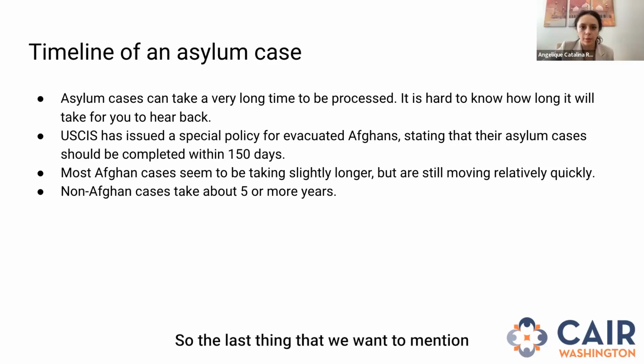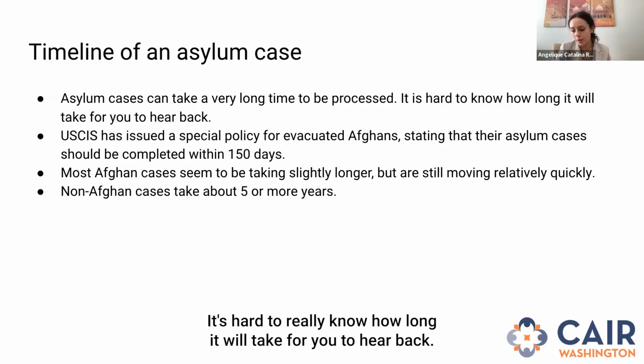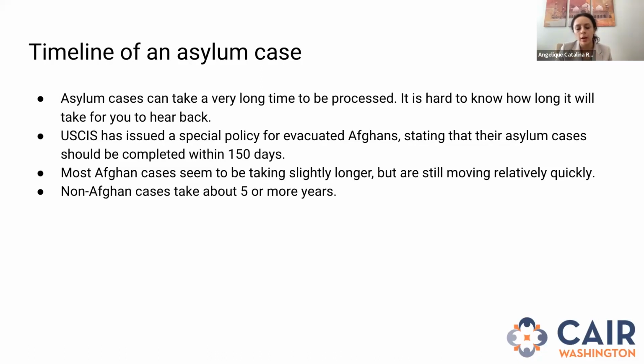So the last thing that we want to mention, being different for newly arrived Afghans, is the timeline of the asylum case. Asylum cases can take a very long time. It's hard to really know how long it will take for you to hear back. USCIS has issued a special policy for evacuated Afghans.